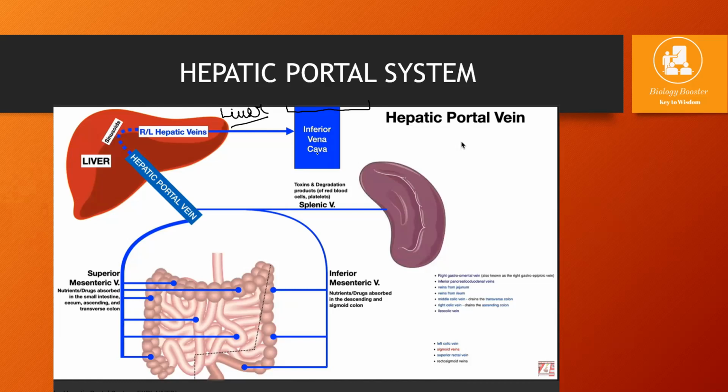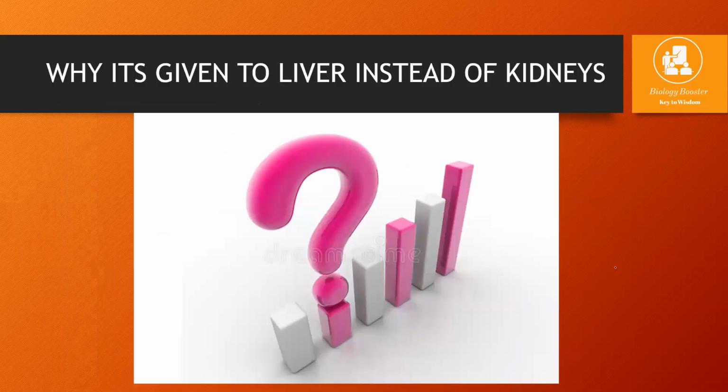Okay. So this is what we are going to study in our next lecture, that is the hepatic portal system. And before understanding this, we need to understand why it is given to liver instead of kidneys. So this is how your thought process should come: how and why the liver is taking the toxic substances, and then it is given to kidneys. So why is it given to liver instead of kidneys?